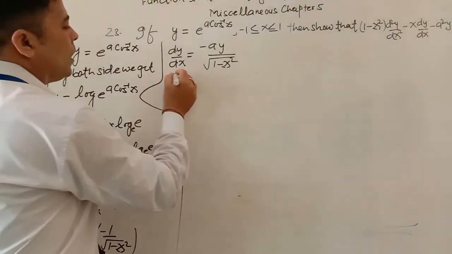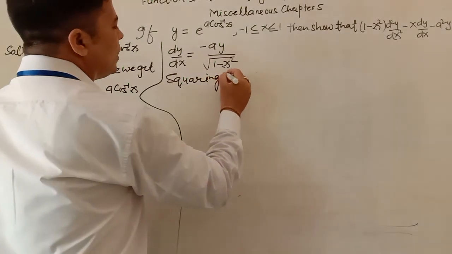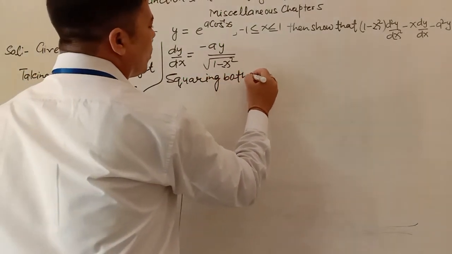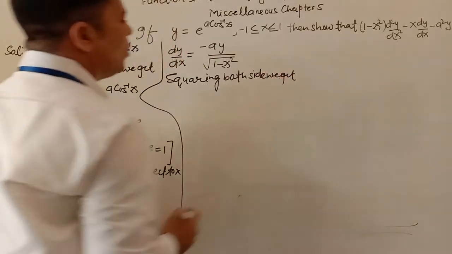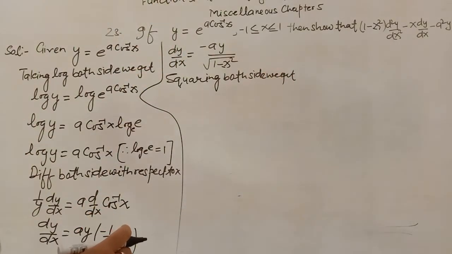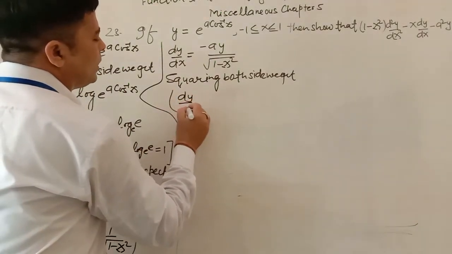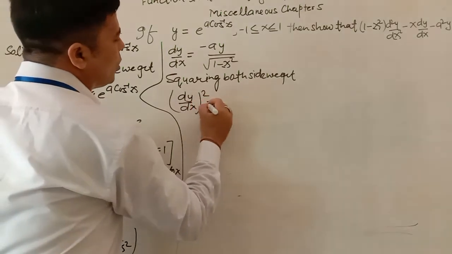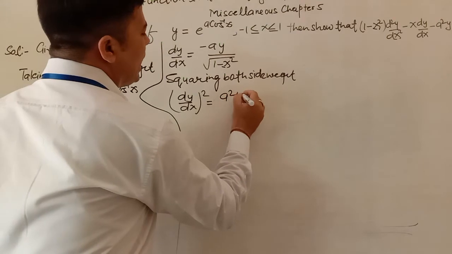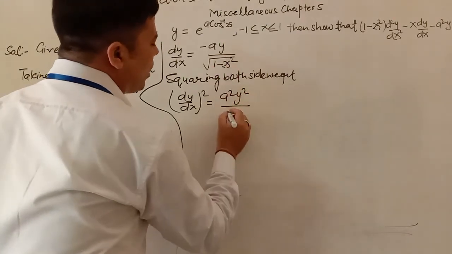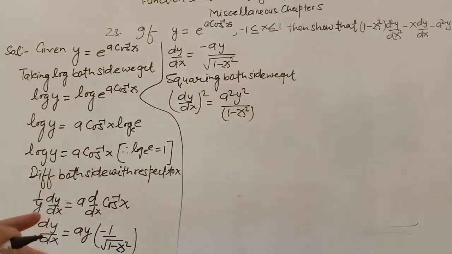Now squaring both sides, we get dy upon dx whole square is equal to a square y square upon 1 minus x square.